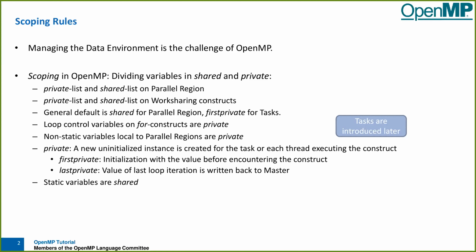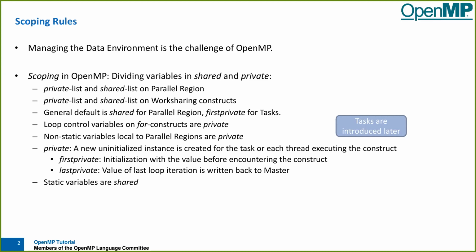A private variable is uninitialized. So it's a new instance of the variable. It has the same name, but it refers to a different variable for each thread in the team. If you want a private variable to be initialized, there's a firstprivate clause, which makes a variable private, but copies over the value of the corresponding variable from before, for example, the parallel region.